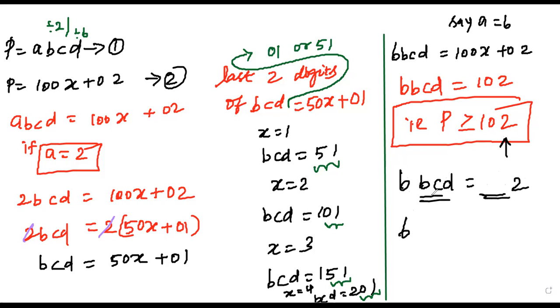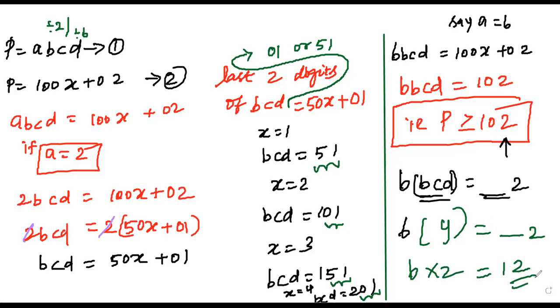Let's assume some variable y times 6 is equal to some answer ending in 2. So what would be my y? 6 2s are 12, right? So that time I'll get my unit digit as 2. And also I can say 6 7s are 42. That time also I'll get my unit digit as 2.